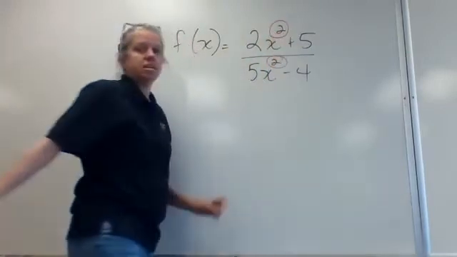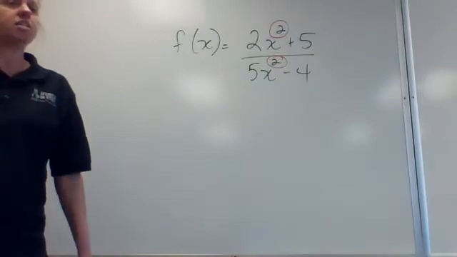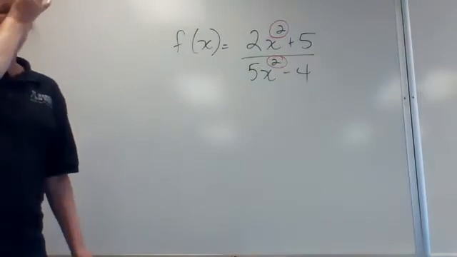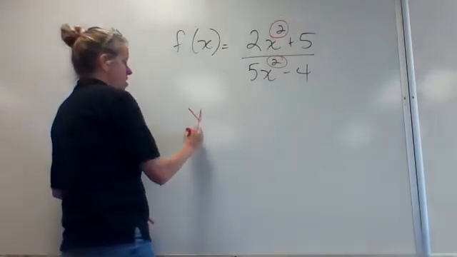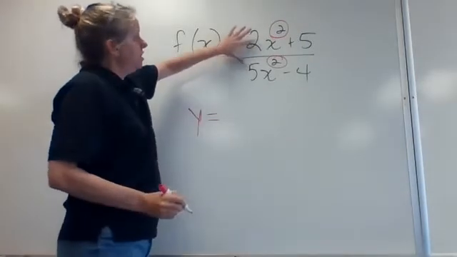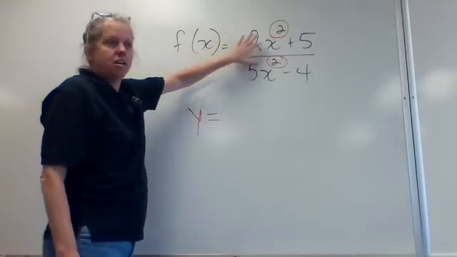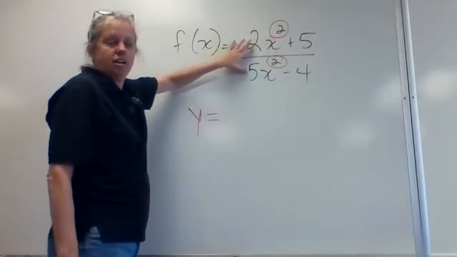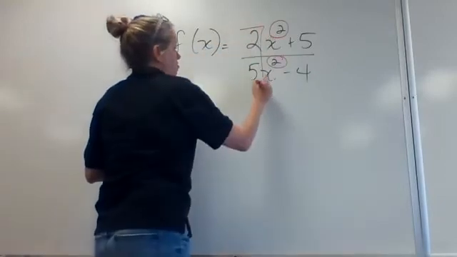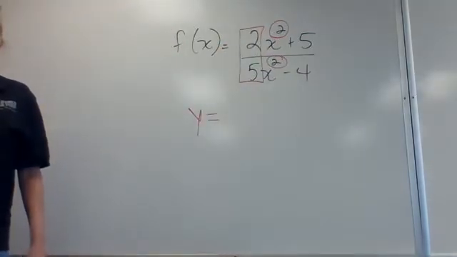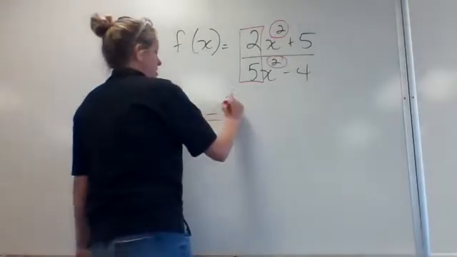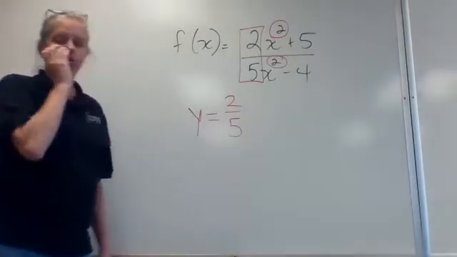The degree of the bottom is 2. So the degrees are equal. What does that mean? It means your horizontal asymptote is going to be at y equals, the leading coefficients are just the numbers in front of those terms. So you can just make a fraction with that right there. So the horizontal asymptote is going to be at y equals 2/5.